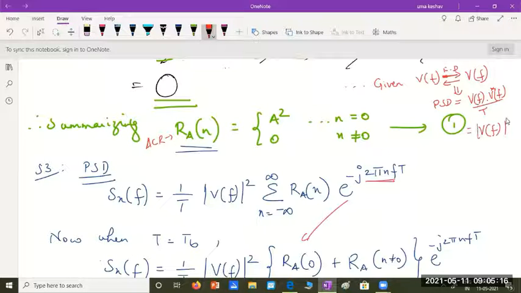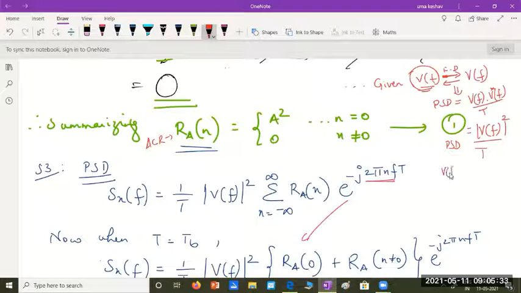So magnitude, when I consider, I'll get V of f square by T. That is the power spectral density of the given rectangular pulse V of t. And we have already written what is the value of that power spectral density also.